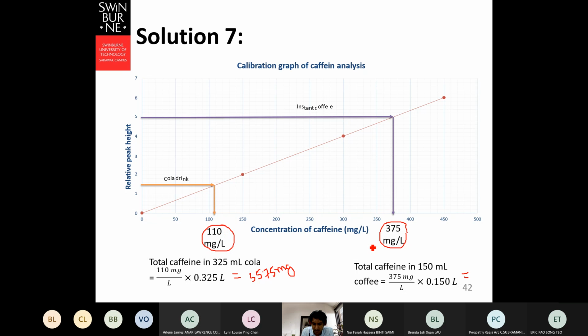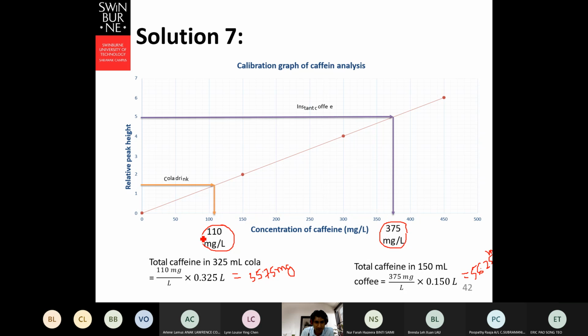And here, 375 times 0.15 is 56.25 milligram of caffeine we have.